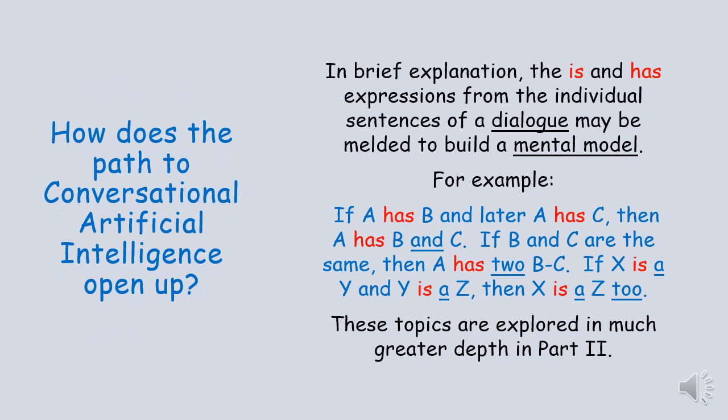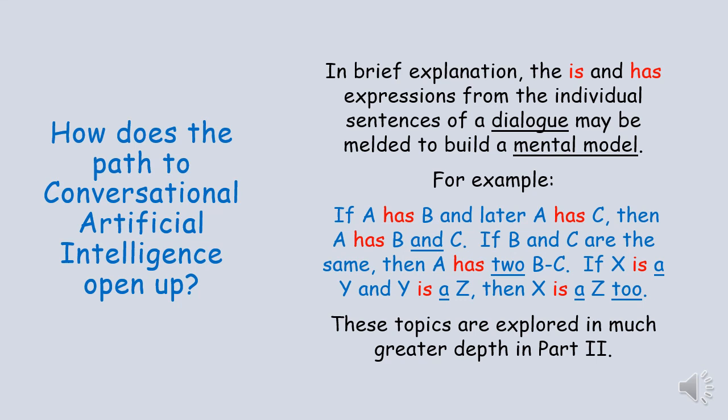You may be curious as to exactly how the path to conversational artificial intelligence opens up. In very brief explanation of this, the is and has expressions from individual sentences of a dialogue may be melded to build the mental model.